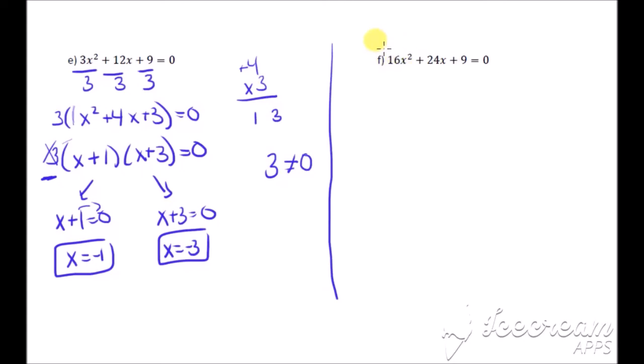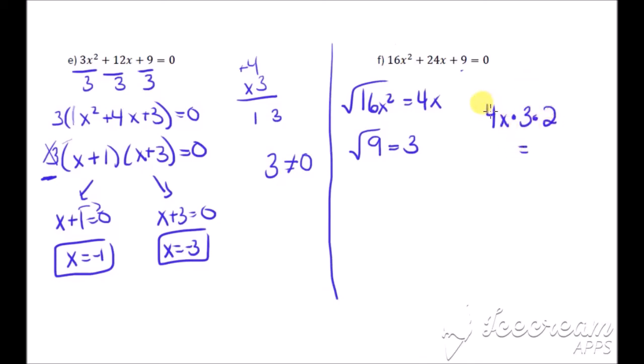Okay, I'm looking at this, and the 16x squared I know I can root, so I get 4x. And the 9 I know I can root, and I get 3. So let's check if this is a perfect square trinomial. Root of the first times root of the second times 2. Yeah, I get 24x. So this is a perfect square trinomial.